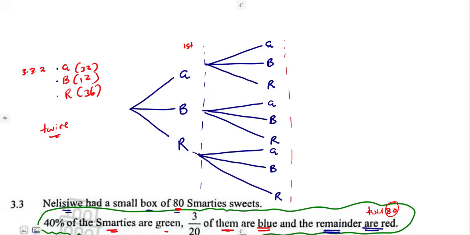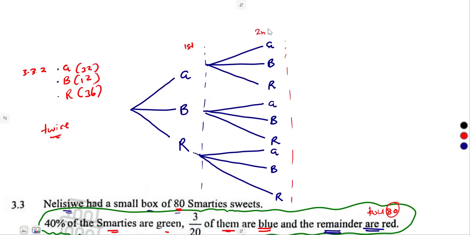So remember, we had the first pick, then the second pick, and now the possible outcomes. As we take this green to what? To green. So it can be green to green. It can be green to blue. It can be green to red. We are done with the first branch. We move on to blue.